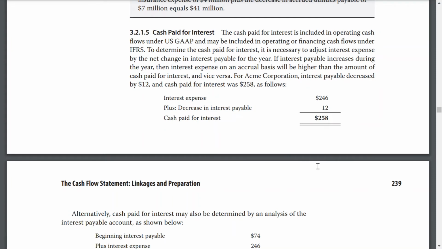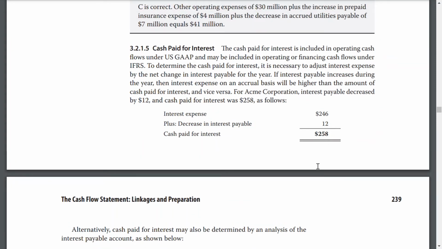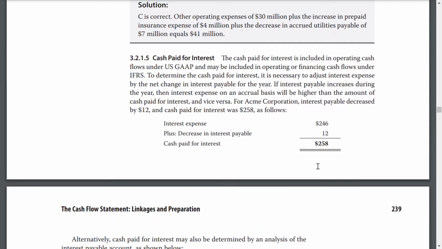Cash paid for interest. The cash paid for interest is included in operating cash flow under US GAAP and may be included in operating or financing cash flows under IFRS. To determine the cash paid for interest, it is necessary to adjust interest expense by the net change in interest payable for the year. If interest payable increased during the year, the interest expense on the accrual basis will be higher than the amount of cash paid for interest, and vice versa.